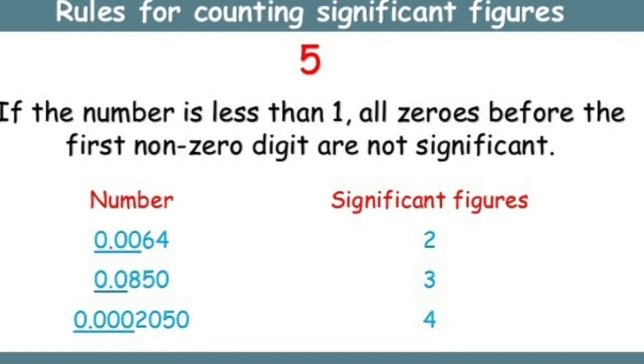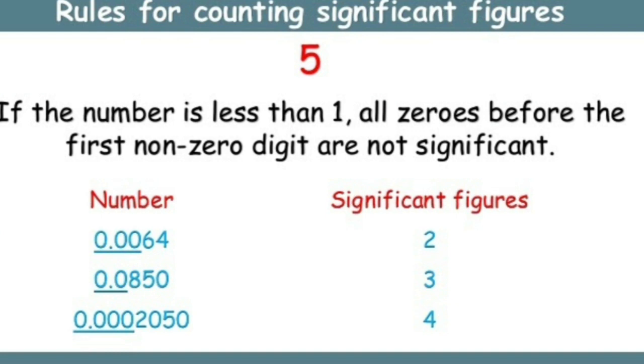Now coming to the fifth rule: if the measurement is less than 1, all zeros before the first non-zero digit are not significant. Very important. If you have measured values less than 1, like 0.1, 0.001, the zeros which come after the decimal point, all the zeros before the first non-zero digit, are not significant.